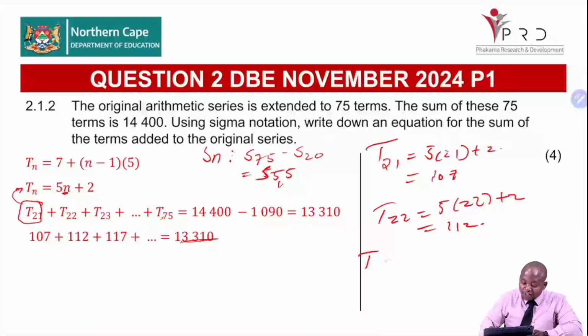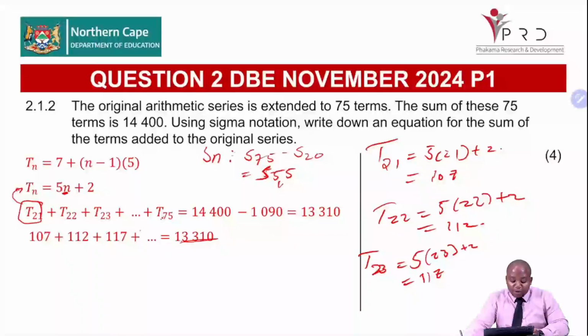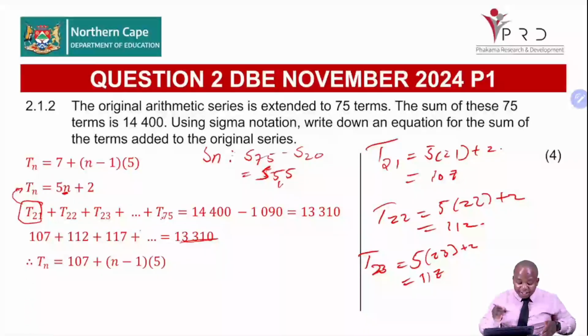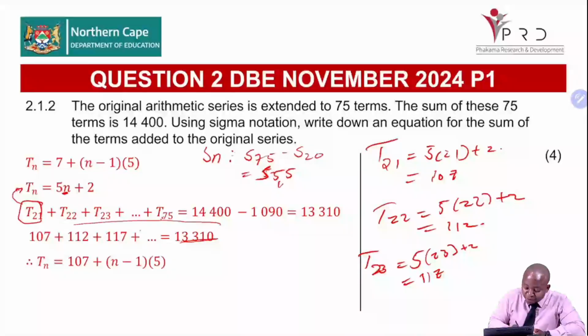Then I go and check my T23. What am I doing now? I am now looking for the actual sequence. T23 is 5 into 23 plus 2, and I get 117 for that one.